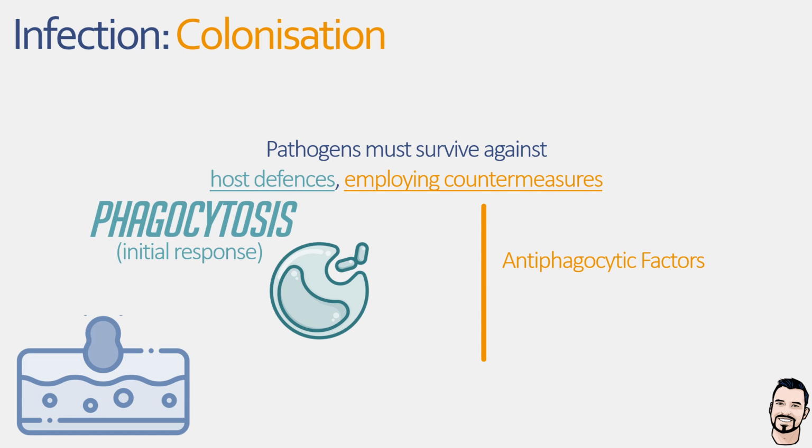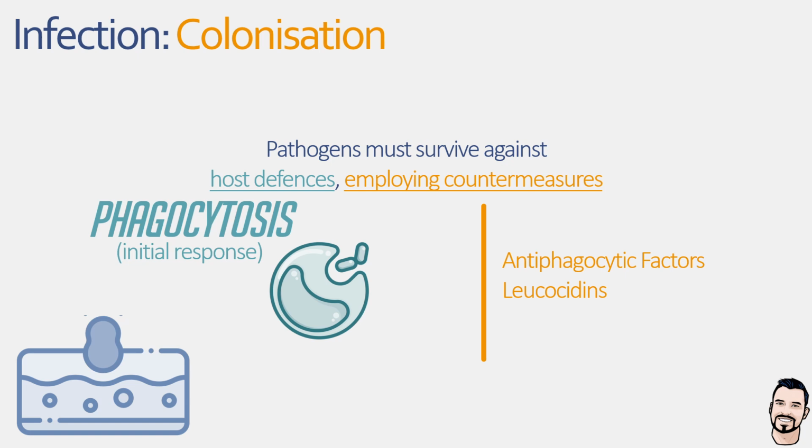Some bacteria go further and produce leukocidins, which are toxins that actively kill cells capable of phagocytosis. So Staphylococcus aureus produces Luk-A-B, which targets neutrophils and macrophages, while Streptococcus pyogenes releases streptolysins O and S, which have a broader leukocyte-killing effect.